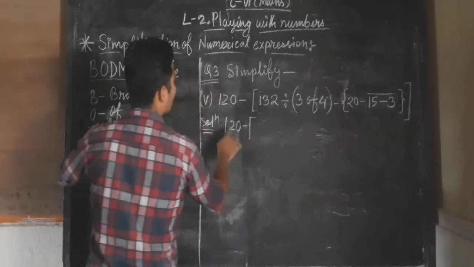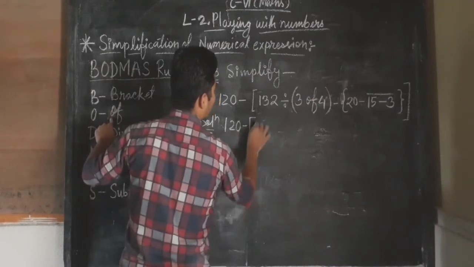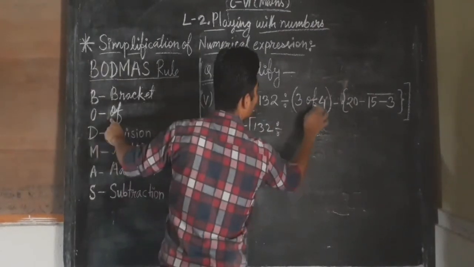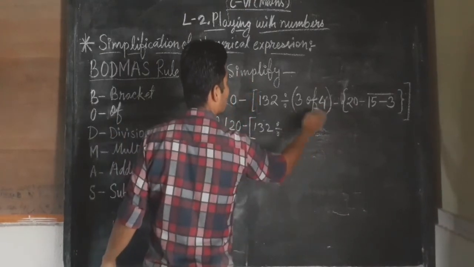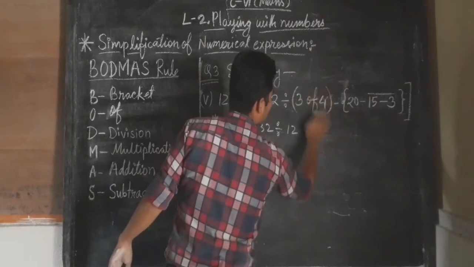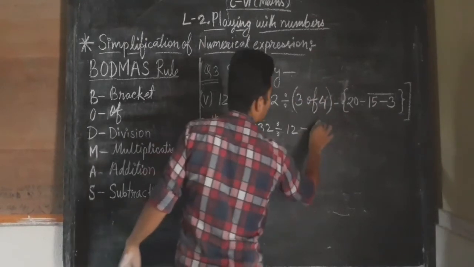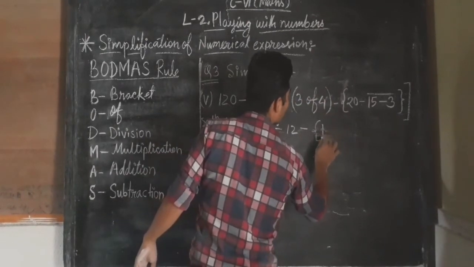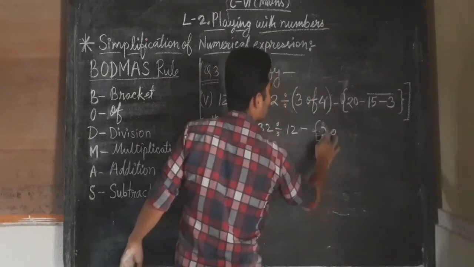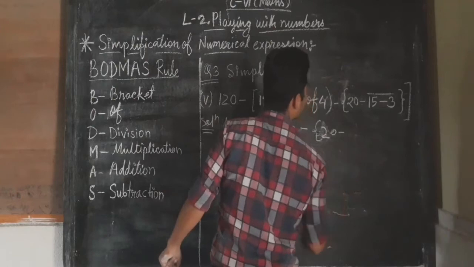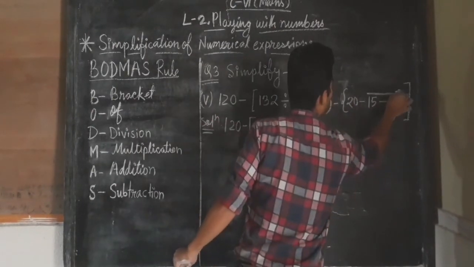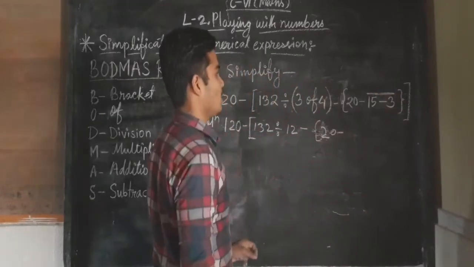Okay, you see 120 minus, third bracket 132 divided by, we have to do this calculation, then this first bracket will be open, then 3 4s are 12, and after that you can see minus, and the remaining things let it be as it is. 20 minus, and you can see this sign above these two numbers.